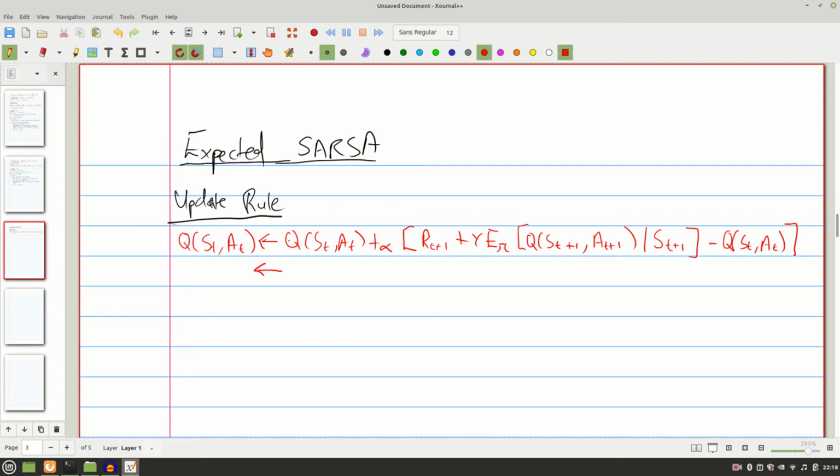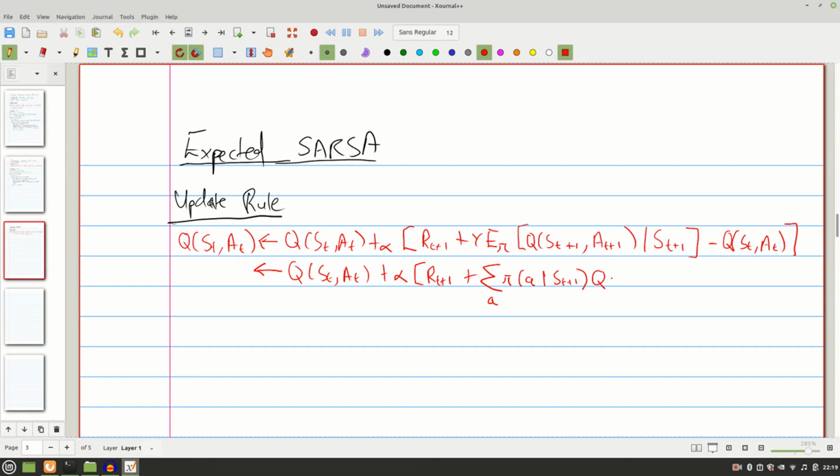to better understand what's happening, we can write this as Q(s_t, a_t) plus alpha times [r_{t+1} plus, since we're taking an expectation, the summation over all possible future actions, but each of those actions has a probability associated with it. So what is the probability of me taking action a given that I'm in state s_{t+1}?